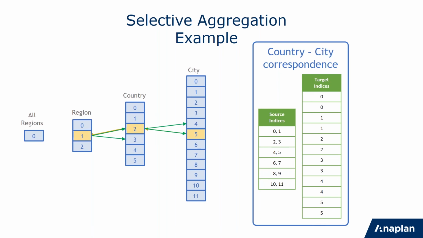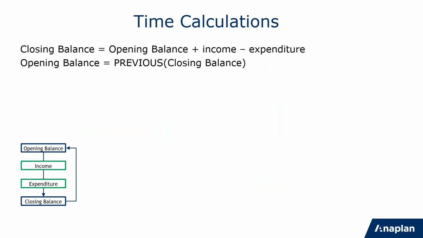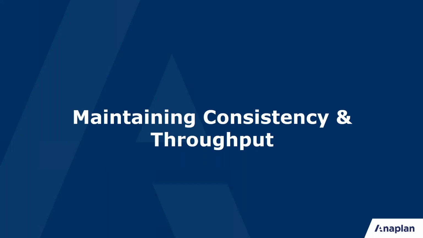Right, next section is maintaining consistency and throughput. An Anaplan model typically has many users interacting with it at the same time, particularly when it's coming to quarter end or whatever. They can enter data and they get back the results of their data and also anything else that anyone else has entered at the same time.